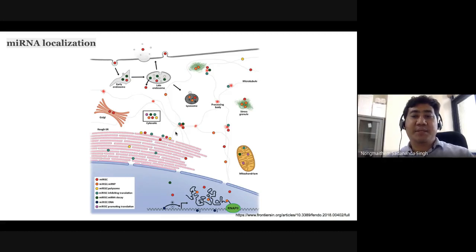So it can be acting at the translational start sites, thereby changing the dynamics of protein translation at the ER membrane. Or many a time, it can associate with RNA and target it to certain sites like the lysosome. Lysosome, as you all know, is the site wherein proteins and RNA are degraded.